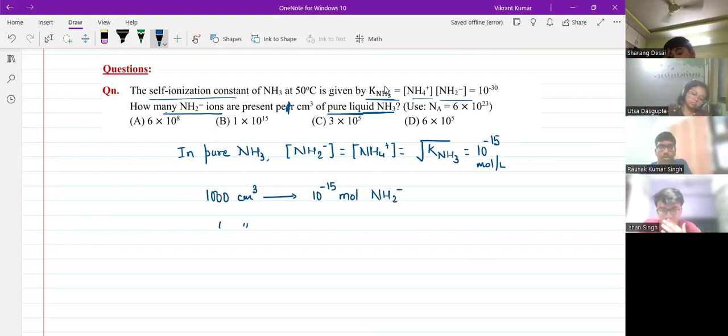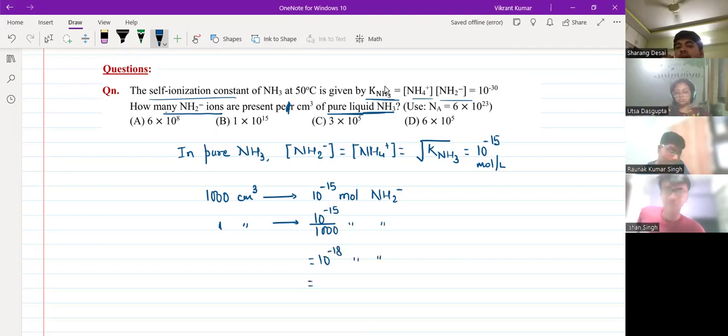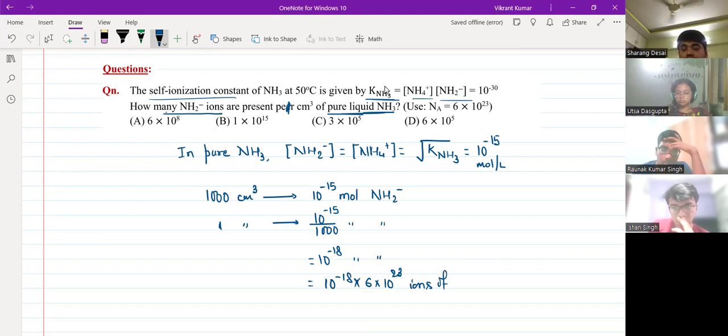So now we'll say 1 centimeter cube will have 10 raised to minus 15 upon 1000, which is 10 raised to minus 18 mole ions. But it is asking you numbers, so we'll multiply this by Avogadro number, 6 into 10 raised to 23. So these many ions of NH2 minus, which is 6 into 10 raised to 5.